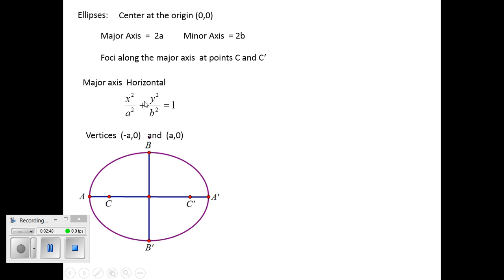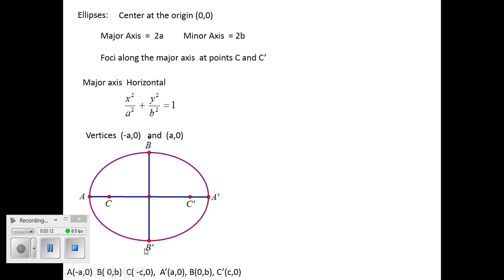On the major axis are the foci points, which are labeled here as C and C prime. The vertices are the endpoints of the major axis, so they're going to be at negative a and positive a.